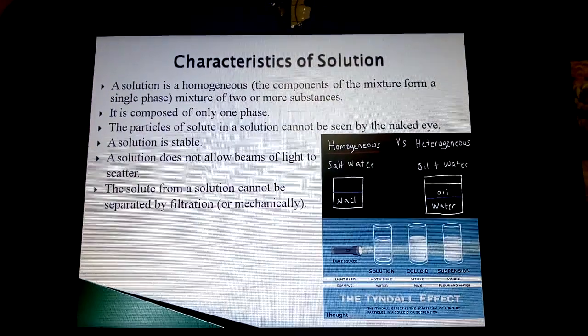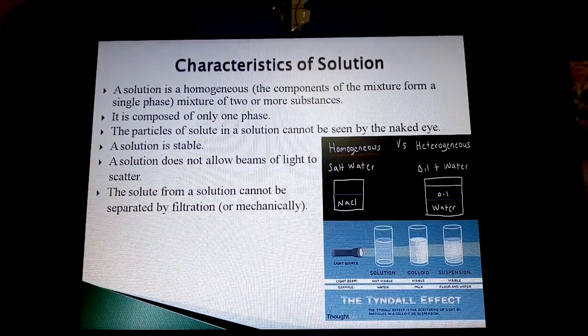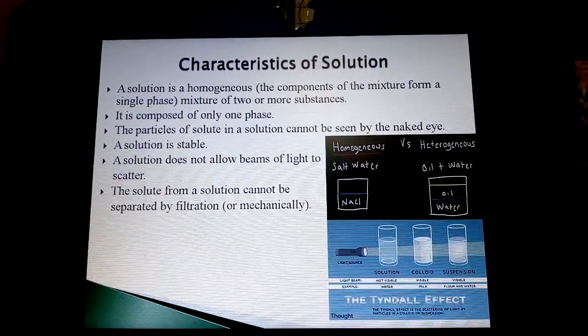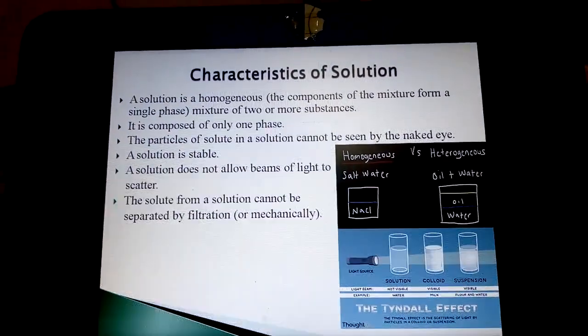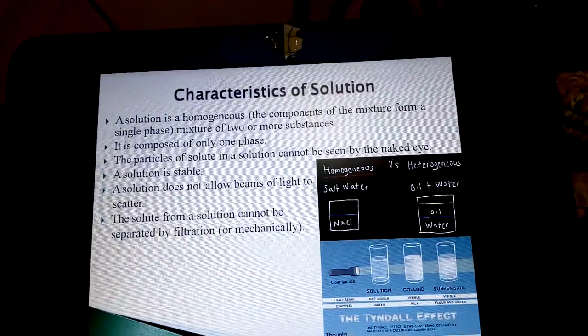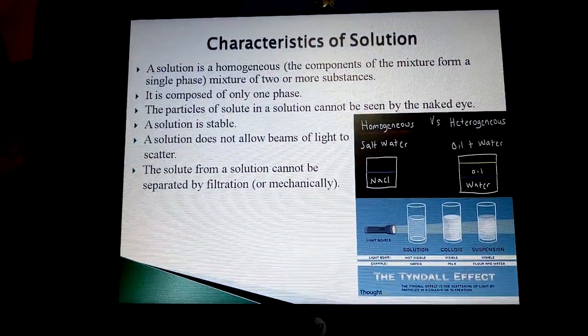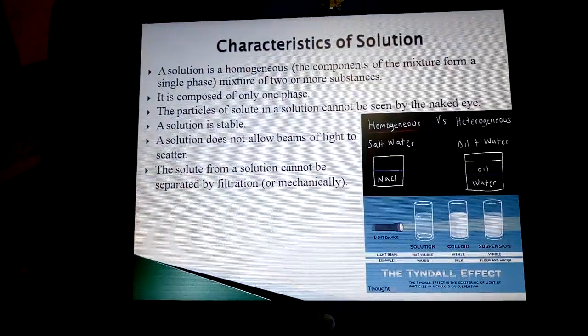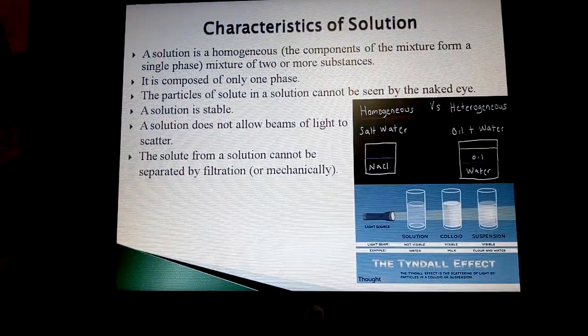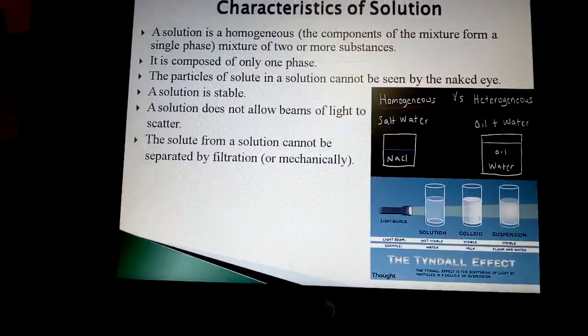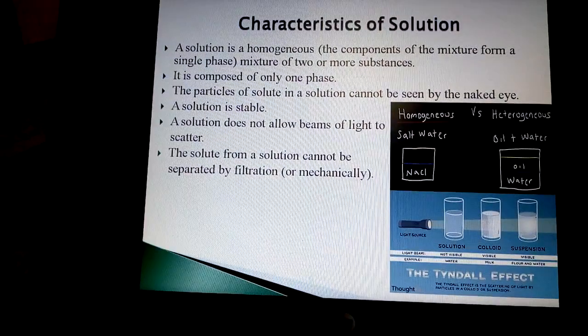And in a suspension, we can take the example of flour and water. If we pass light through that solution, we can also visualize the scattering of light due to the presence of bigger size solute particles within that solution.